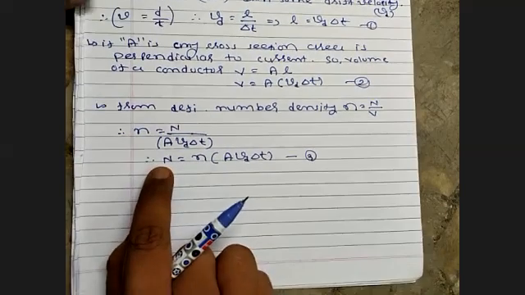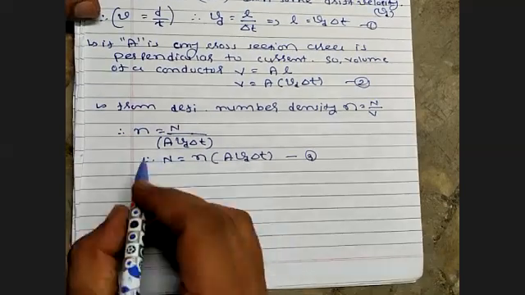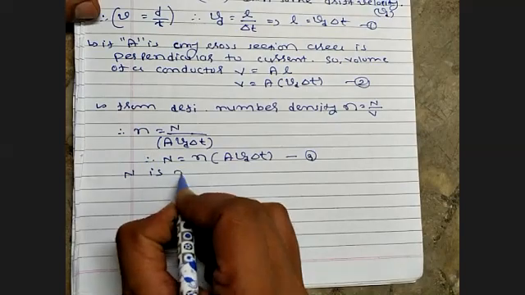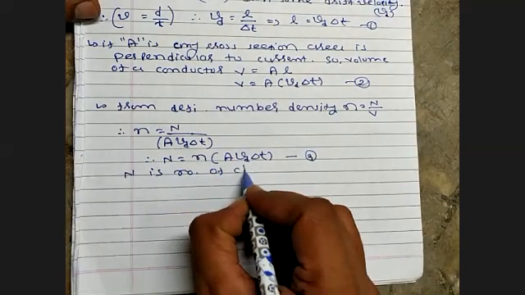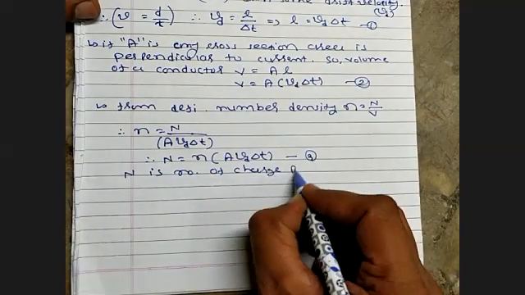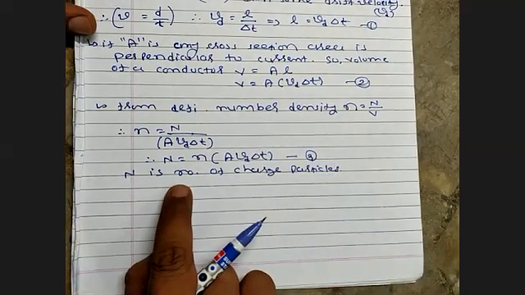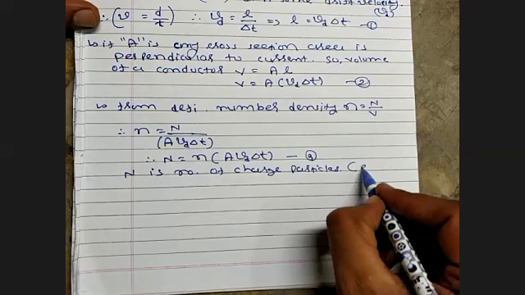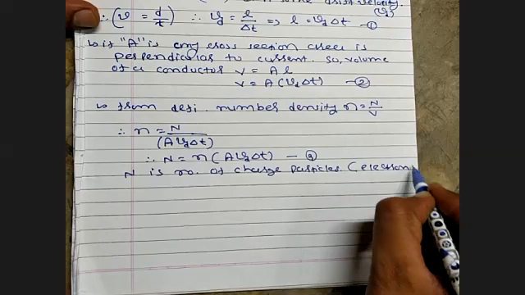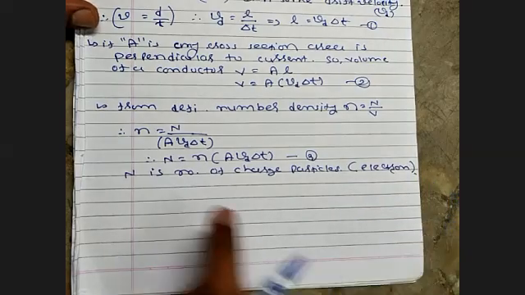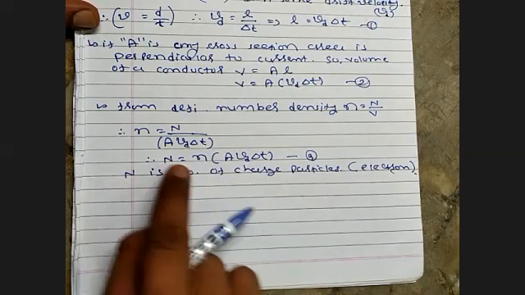This capital N is the number of charged particles, nothing but electrons. You see properly, it is the number of electrons, nothing but charged particles.